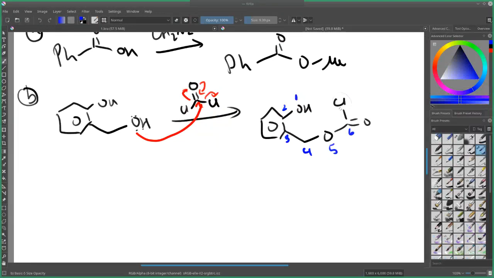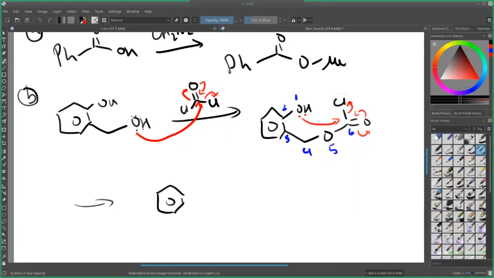And well, there's this chlorine, but from here you might be able to see what we're going to have happen, right? Since we have an acid chloride and we have an alcohol, and even better, they're right next to each other, we can probably expect that this alcohol is going to come over here and kick off that chlorine. And oh, there we go. Okay.